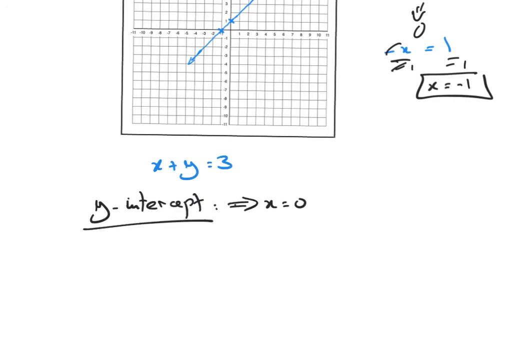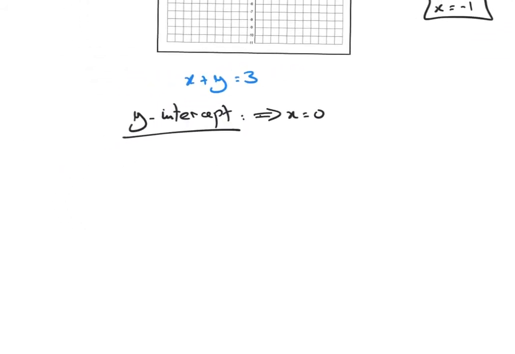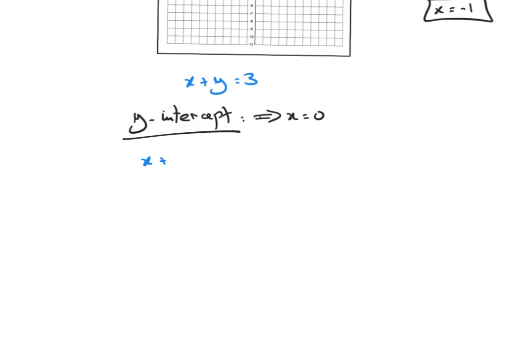So we substitute x by 0 in x plus y equals 3, and we come up with y equals 3. So when x equals 0, y will be 3.